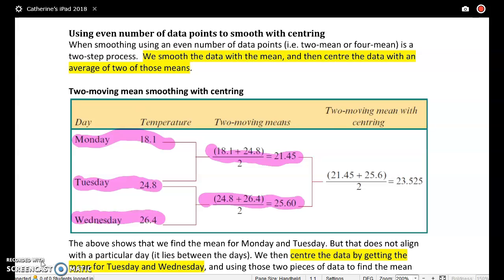So then we've got the middle between Monday and Tuesday, and the middle between Tuesday and Wednesday. If I get those 2 values and average them, that's then the center of those 3 days, which is Tuesday. So this is something I suggest: when you do it, write it out carefully in your book and give yourself plenty of space to set it out so you can really see this centering effect.